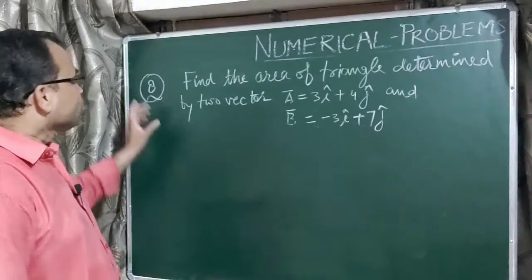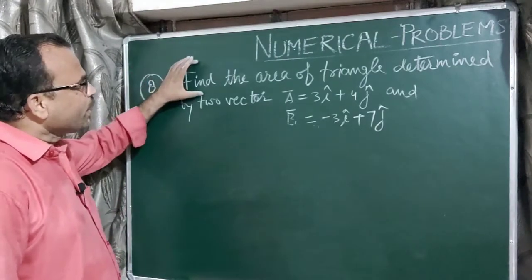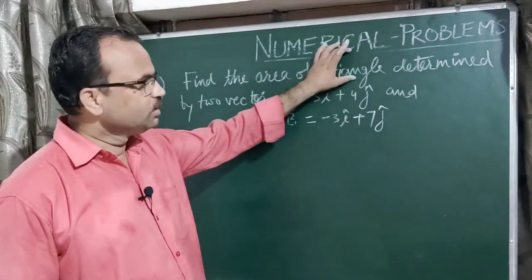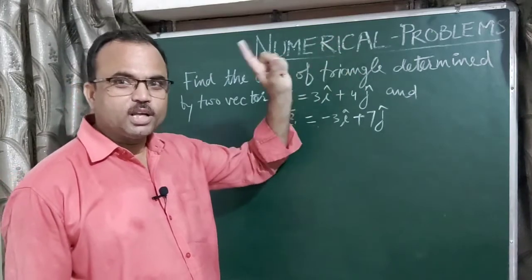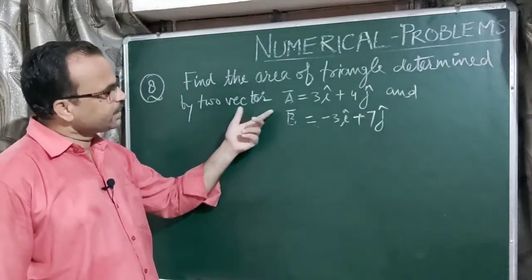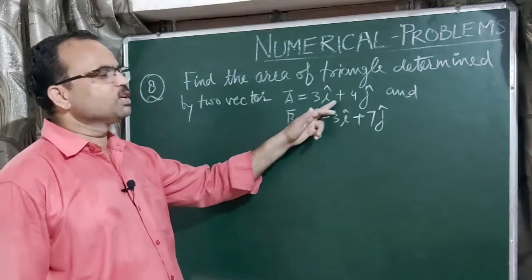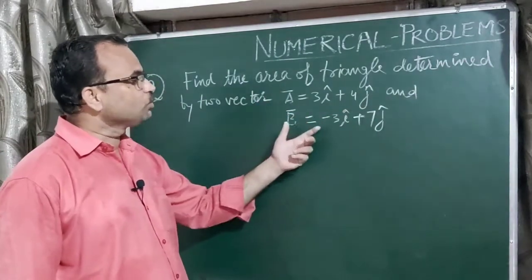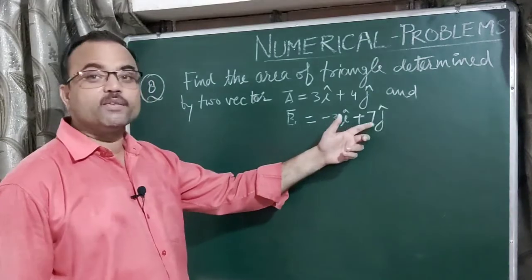Okay, see question number 8. Find the area of the triangle. Here we have to calculate the area of a triangle determined by two vectors, given a vector equal to 3 i cap plus 4 j cap and b vector equal to minus 3 i cap plus 7 j cap.